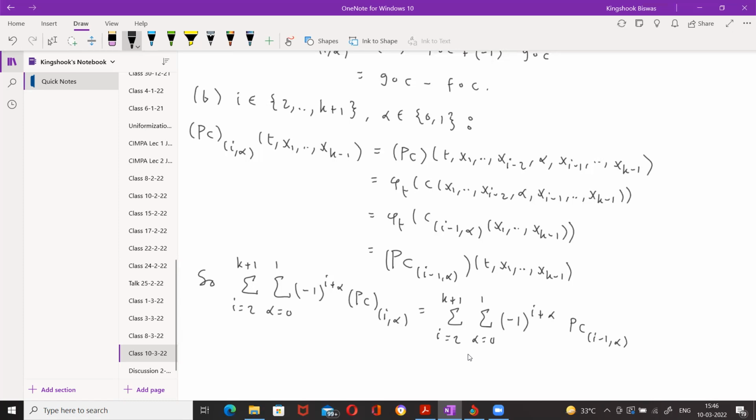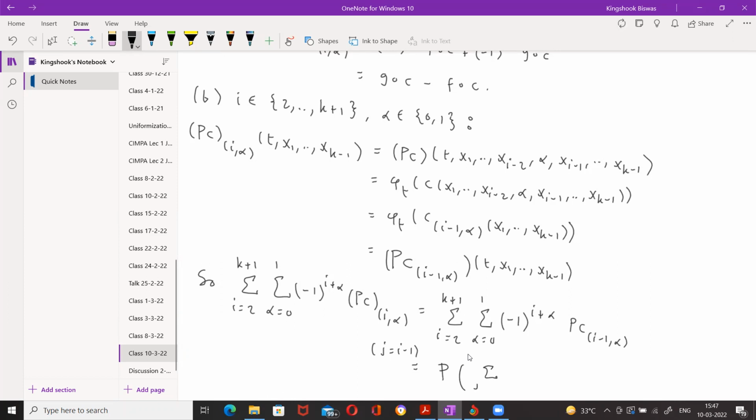So P is a linear operator. I can take it out. As i goes from 2 to k plus 1, i minus 1 will go from 1 to k, so I can make a change of variable: I put j equal to i minus 1. Then, since P is linear, I take the P outside.